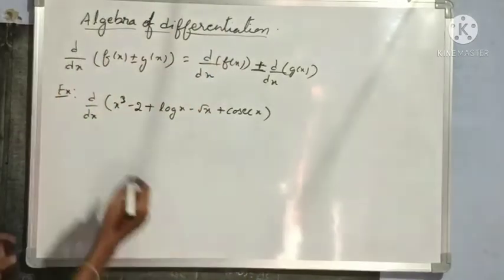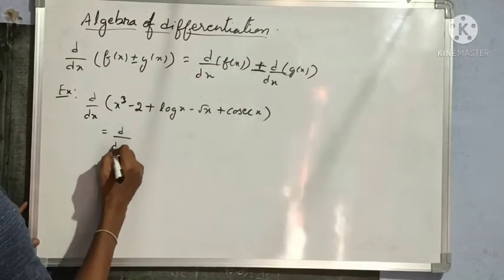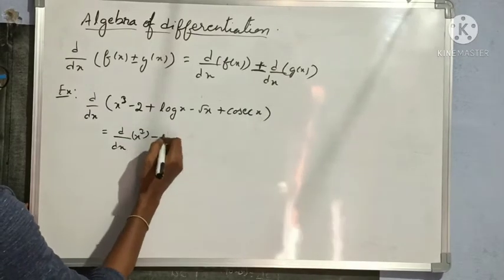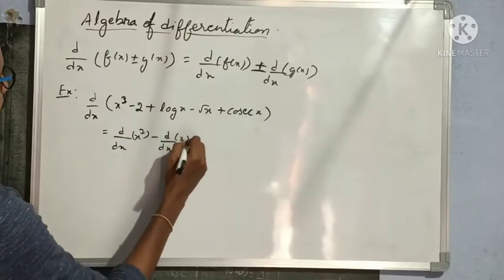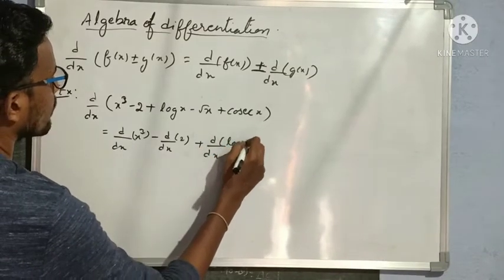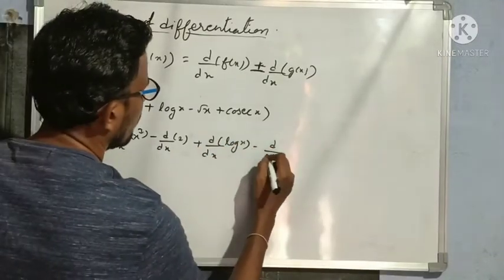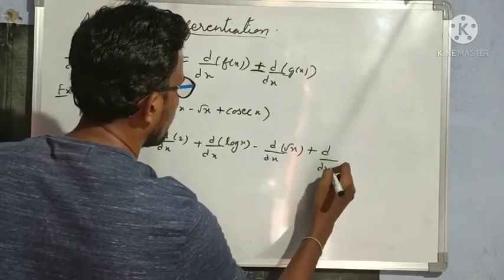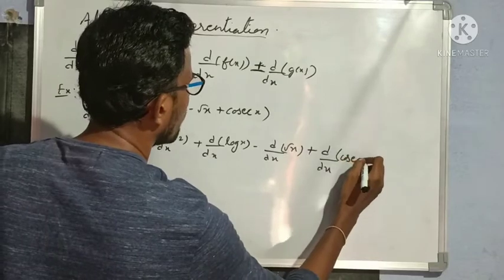So that is equal to d by dx of x cube minus d by dx of 2 plus d by dx of log x minus d by dx of root x plus d by dx of cosecant x.